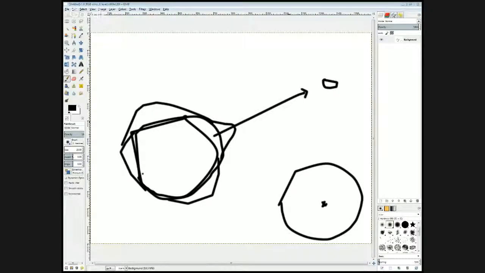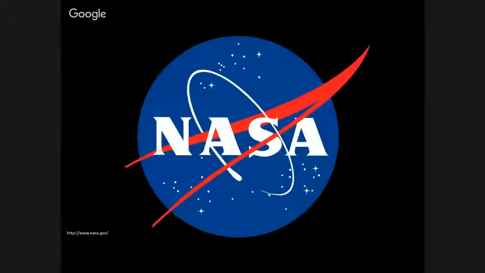Now, I happen to be fortunate enough to work at one of the places that takes that diagram and treats it as sort of a physical diagram.